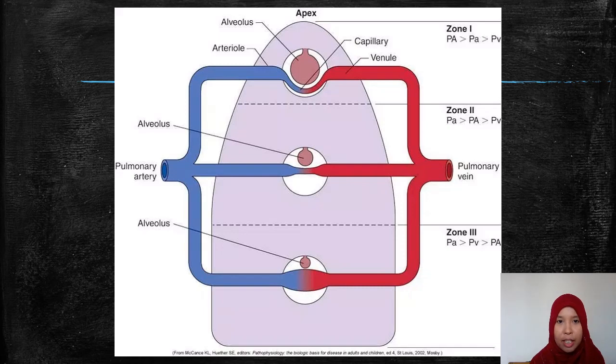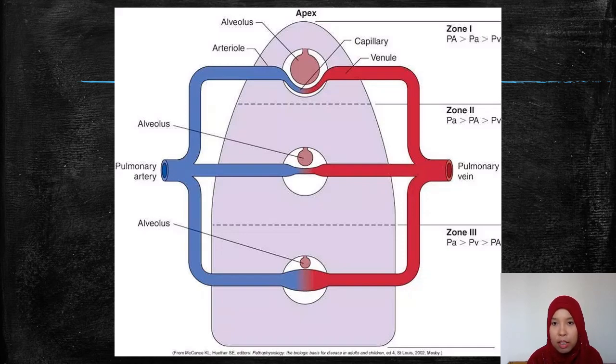Right, so when we look at the ventilation and perfusion at different areas, in this diagram, you can see that there are different zones in your lung. So this is your lung upright, and you can see that there are 3 zones.